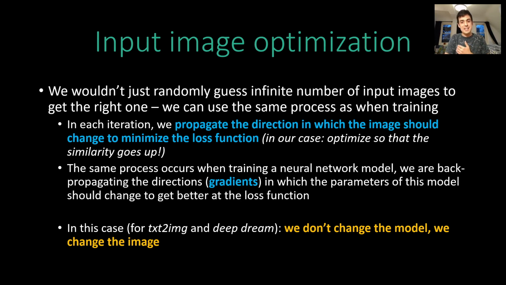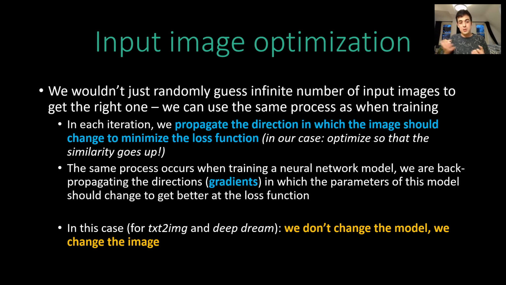So there is a smarter way, and this way is very similar to how training works. Given what we specify as the task, we can propagate the direction in which the original input image should change so that we minimize or optimize whatever we selected.